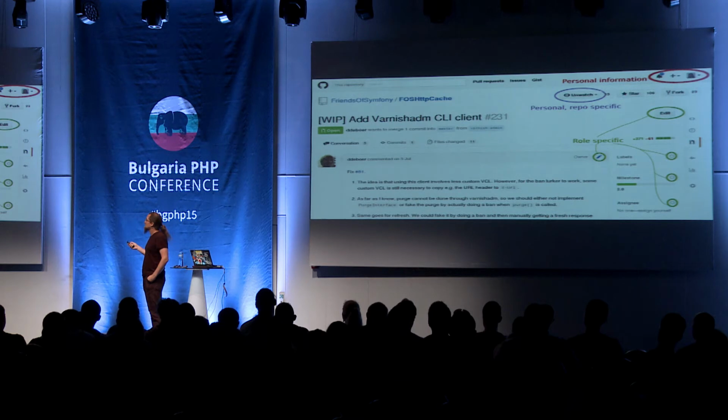And there is this thing. It's specific to me, because it needs to know, do I currently watch or not? But it's also specific to the repository, because it's like, do I watch this repository? And then there is stuff like I can edit here, I can edit here, I can do stuff here, here, here.